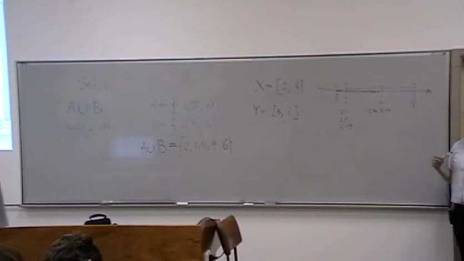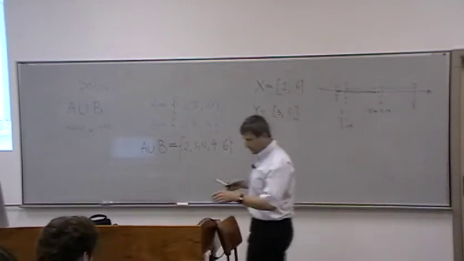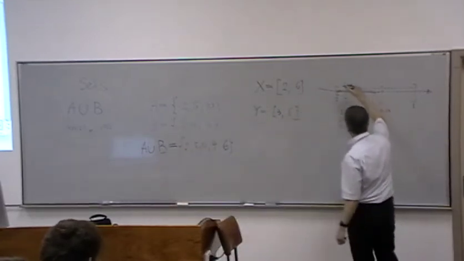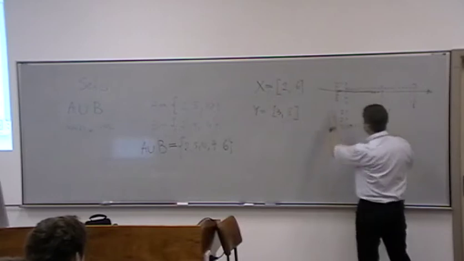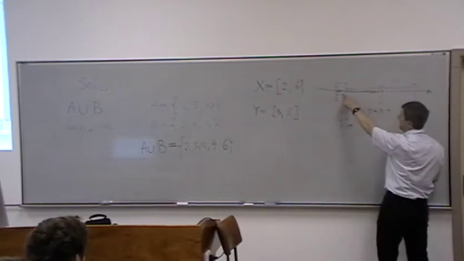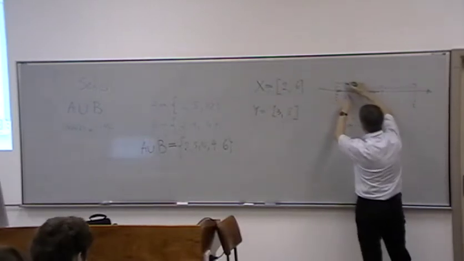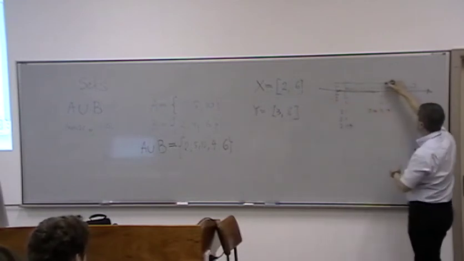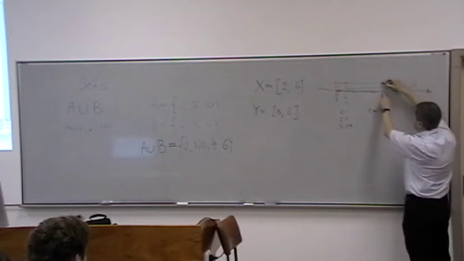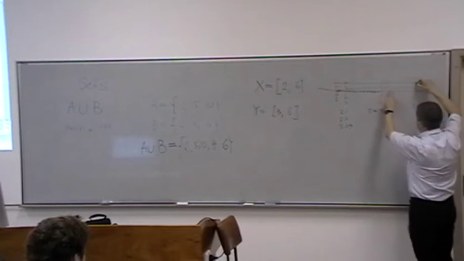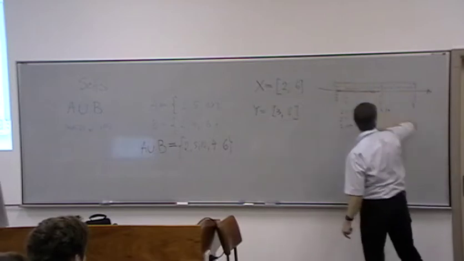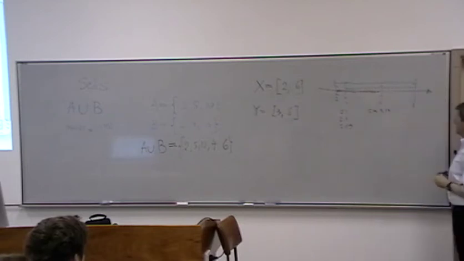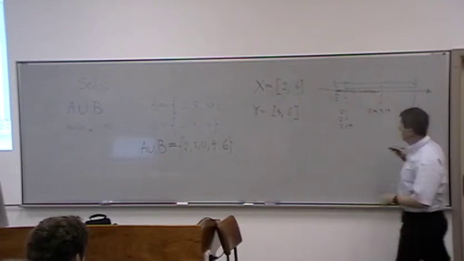Should be pretty simple. Something green. So we start here. This is in the set because it is in the black set. This is in the set because it is in both the black and the blue set. This is all in the set because it's in the blue set. So we go from 2 to 8. So the result is again an interval.